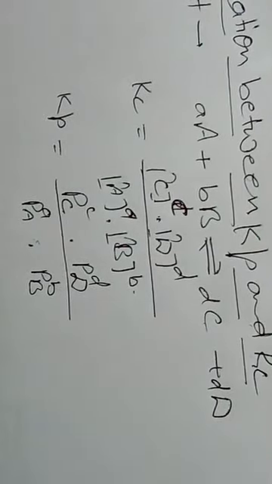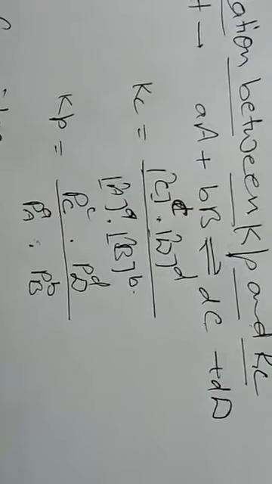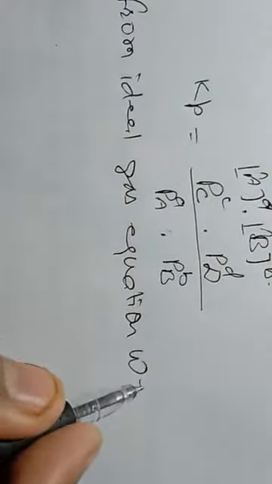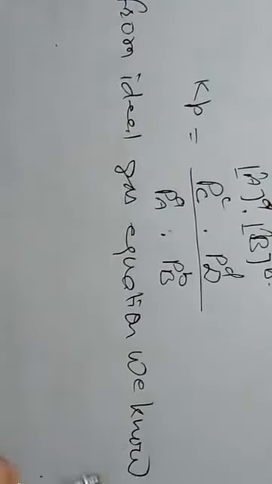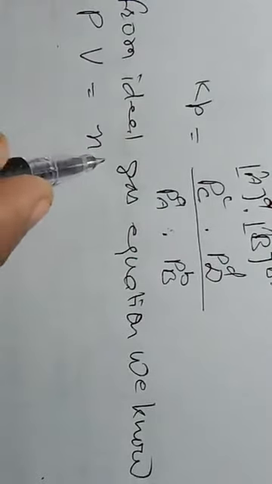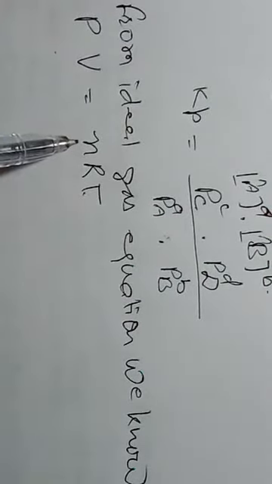Okay, now from the ideal gas equation, we know that PV equals nRT, where n is the number of moles of the substance.